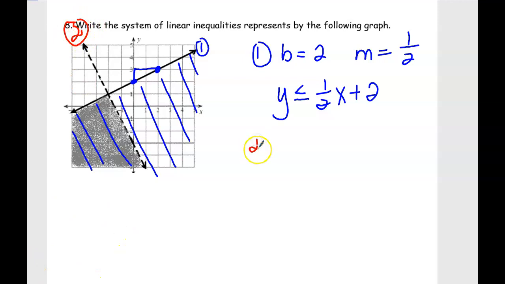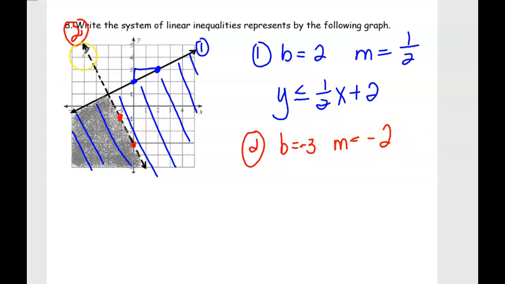And number 2, the equation, it starts at a y-intercept of -1, 2, 3, looks like -4. Is it -4? 1, 2, it's actually -3. So our b is -3, and then our slope is going to be, we go down 2 and over 1, so its slope is going to be -2.